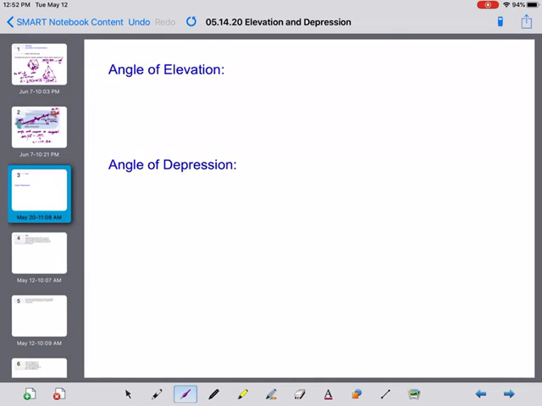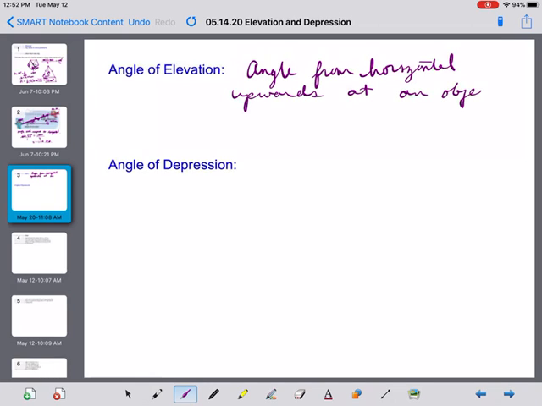Okay, so open to your vocabulary, angle of elevation and angle of depression. And all I want you to do is, you're going to write, it's the angle from horizontal upwards at an object. And then you can sketch a picture.